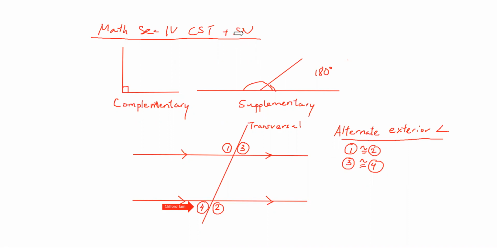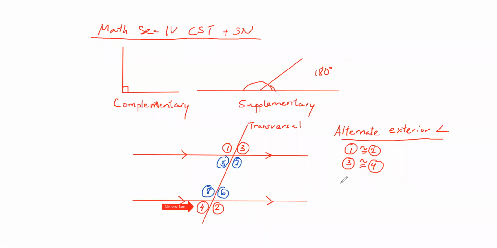If we have exterior angles, it means at some point we're going to have interior angles as well. Let's change this up with a slightly different color. I'm going to label this angle right here angle 5, this angle here 6, this one here 7, and this one here 8.